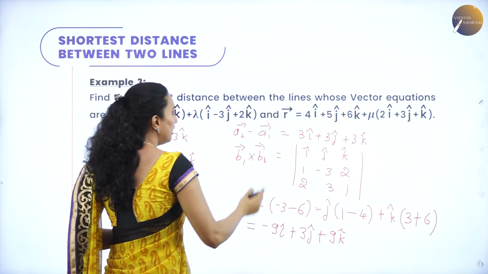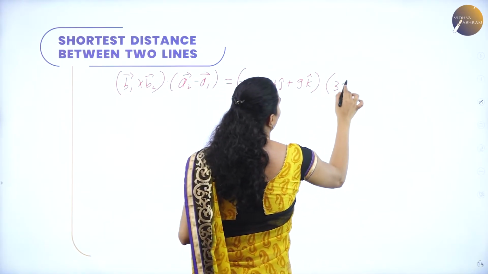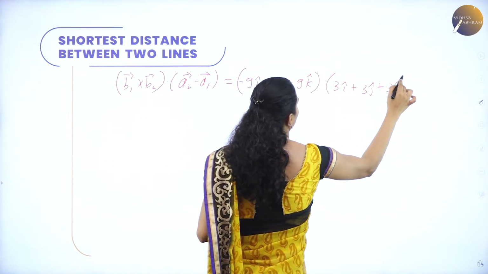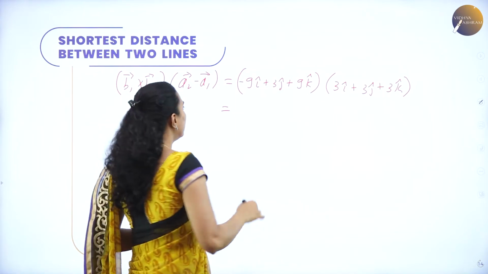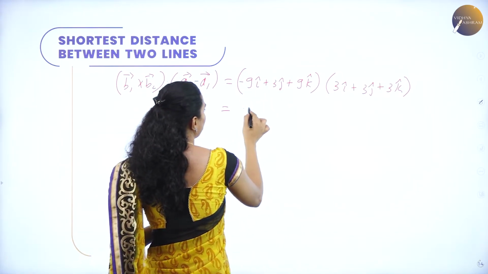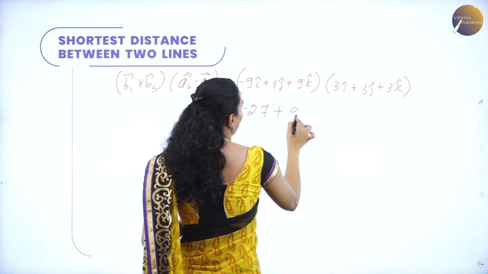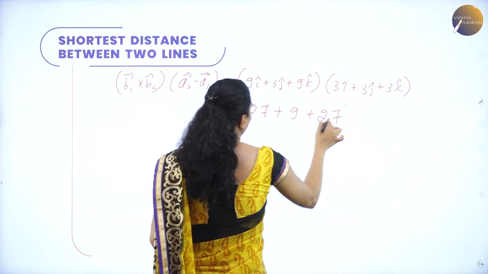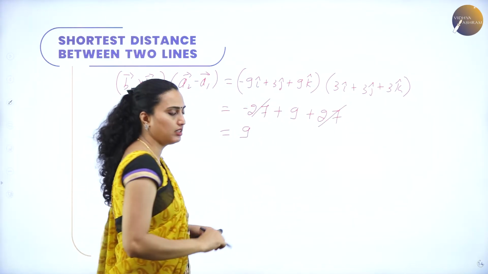And A2 minus A1 is 3i plus 3j plus 3k. Now you have to multiply. i dot i gives you 1. So minus 9 into 3 is minus 27. So plus 3 3s are 9, 9 into 3 is plus 27. What happens here? Minus 27 plus 27 will go. Remaining is the answer 9.